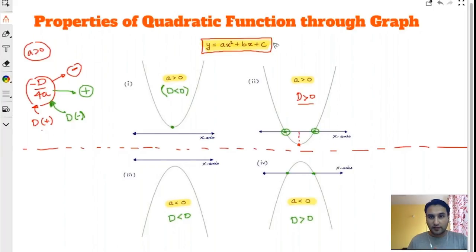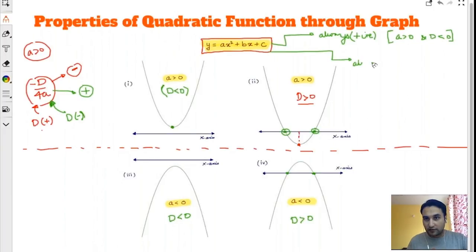This is always positive in which condition? A greater than 0 and D less than 0. And this is always negative.